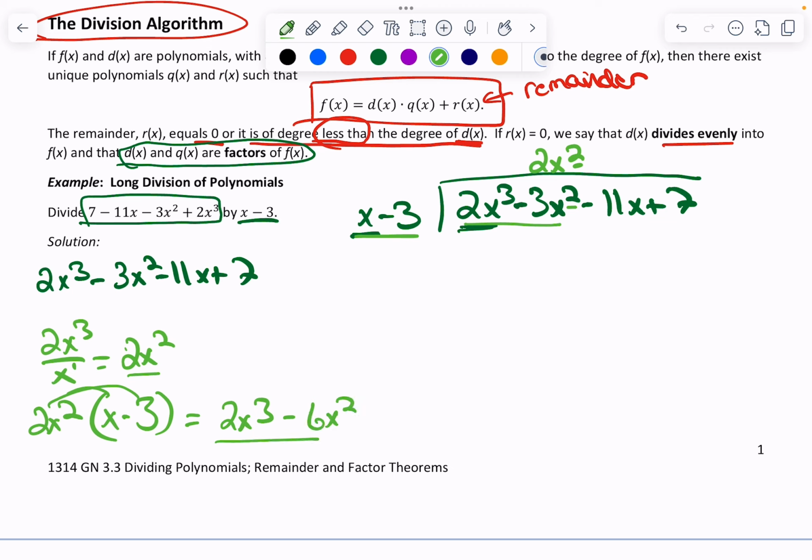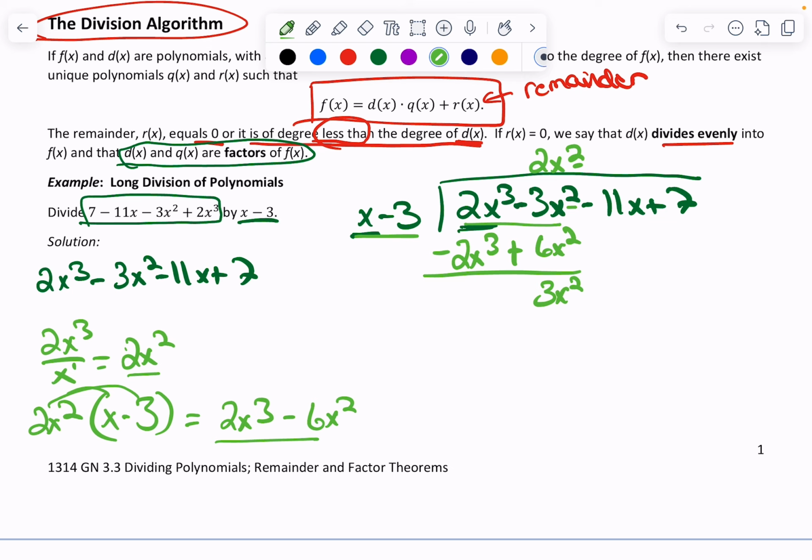Now we're going to take this and write it under here, 2x cubed minus 6x squared. Remember, we are subtracting, so what this means is we're flipping the signs. This becomes a negative and this becomes a positive. So negative 3x squared plus 6x squared is going to be 3x squared.